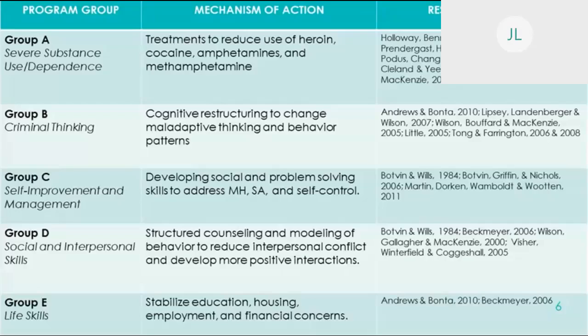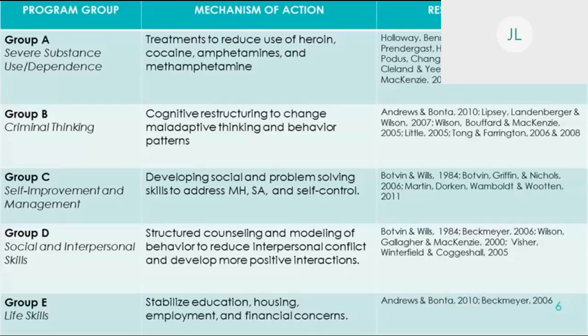With drug dependence, we know we should focus treatment on the use of heroin, cocaine, amphetamines, and methamphetamines, where the linkage between criminal behavior and drug use is clear. In the criminal thinking area, the focus is on the big four criminogenic needs, including a history of antisocial behavior, antisocial personality patterns, antisocial associates, and antisocial cognitions.